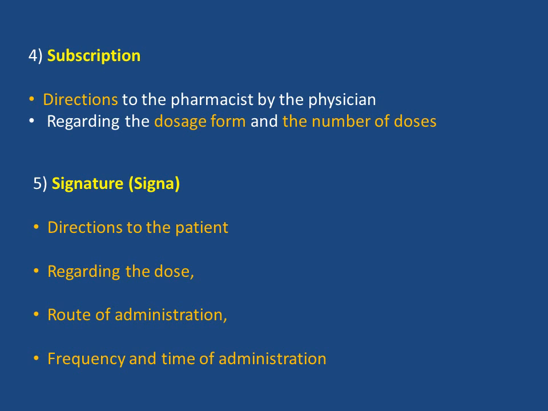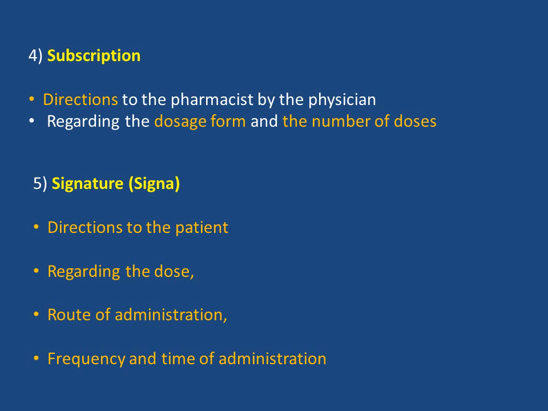If the prescriber writes the word "label" in the signa, it is the instruction to the pharmacist to mention the name and the strength of the prescribed drug on the label.